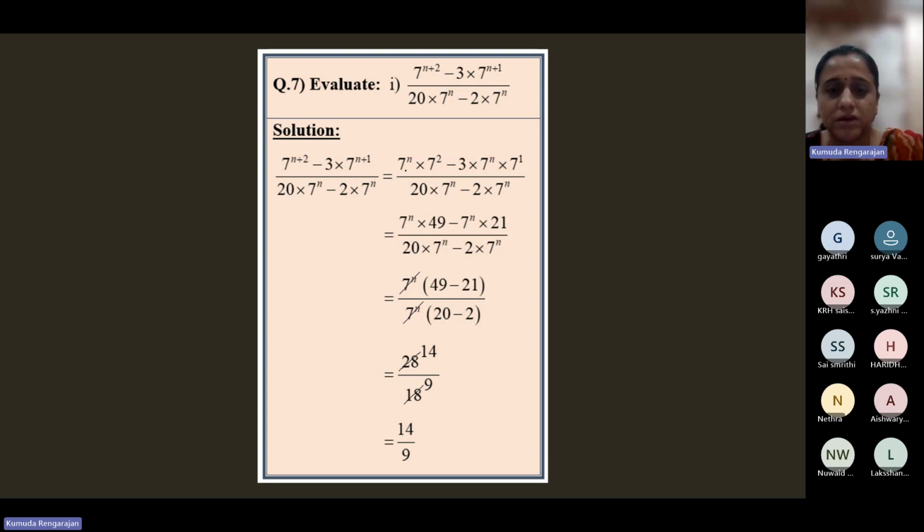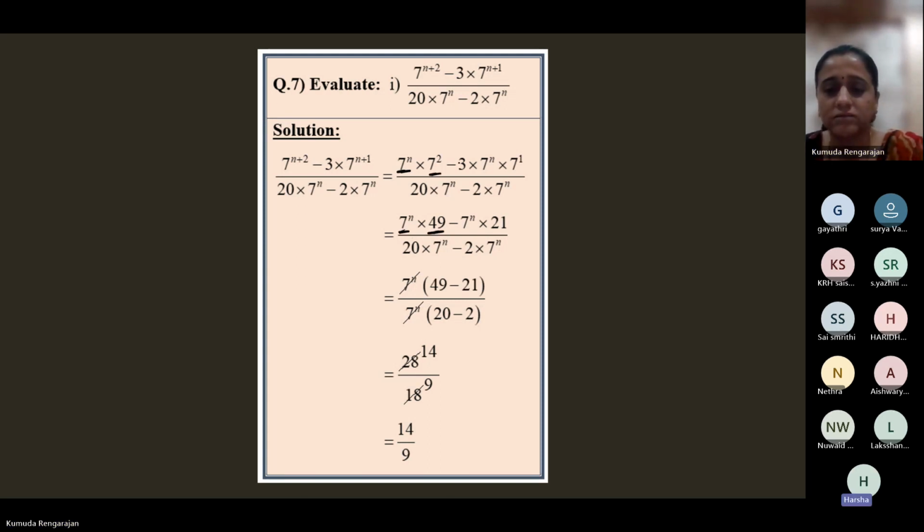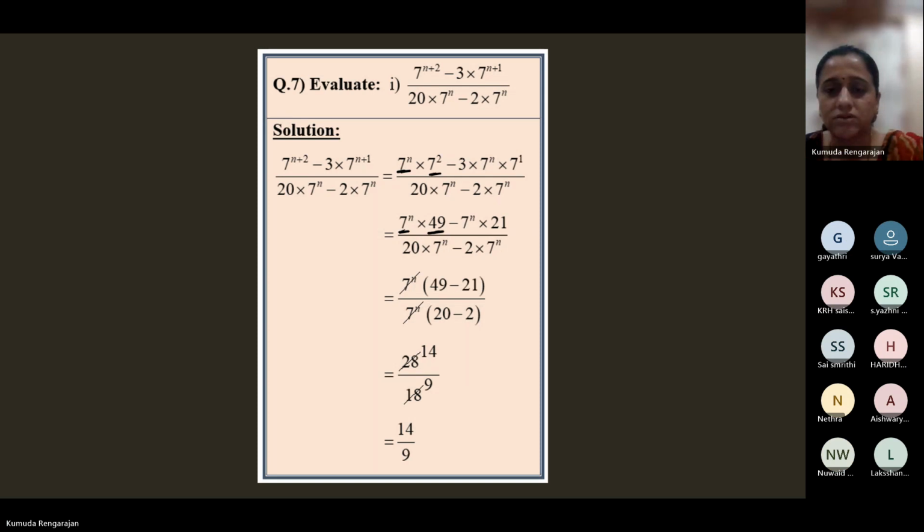Now here, this 7 to the power n, 7 squared is 49. 3 into 7 is 21. You can write anything first. You can write 21 into 7 to the power n also.